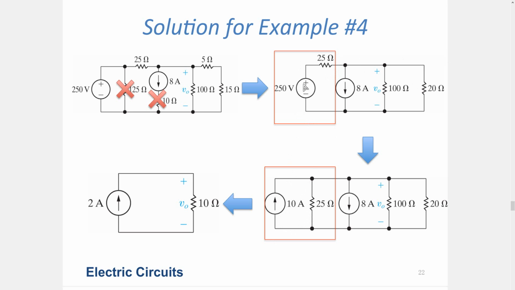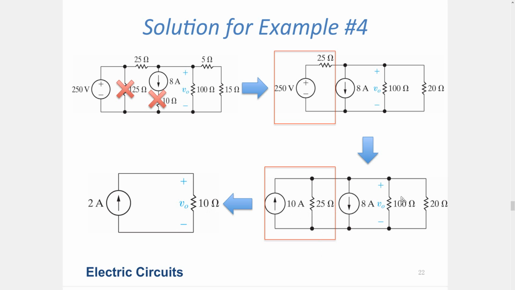Okay. So when I do this transformation, my circuit becomes something easily solvable because everything is parallel connected and I have two current sources. Since they are opposing each other, the net current flow is 2 amps in this direction. The 10 amp source overrides the other, and the equivalent resistance of the rest of the circuit is 10 ohms.